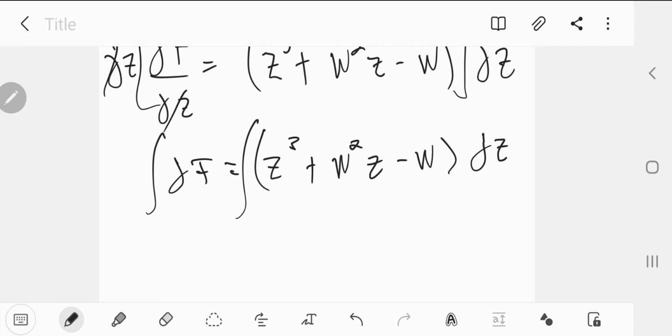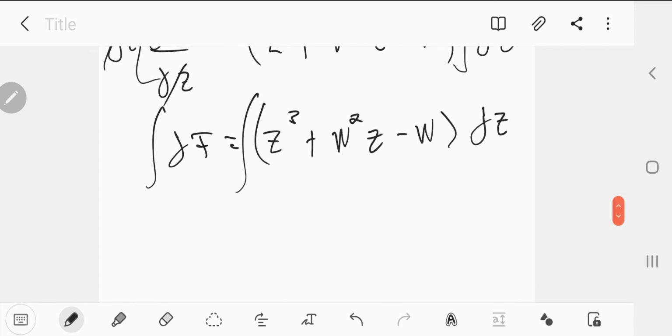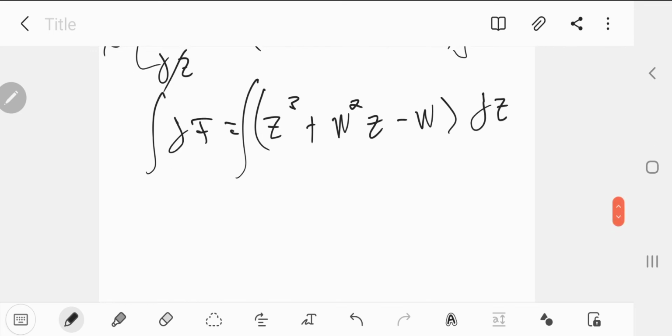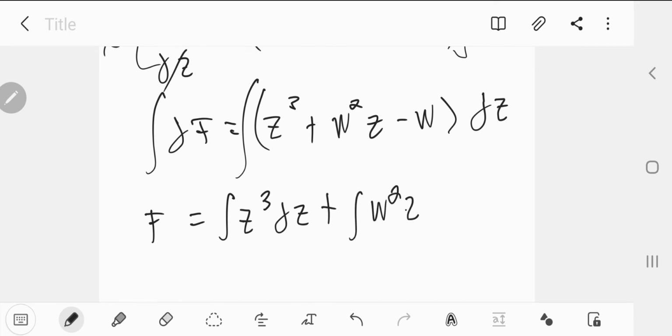So we have the integral of the partial derivative of f is equal to the integral of z cubed plus w squared z minus w dz. So we have f is equal to the integral of z cubed dz plus the integral of w squared z dz minus the integral of w dz.